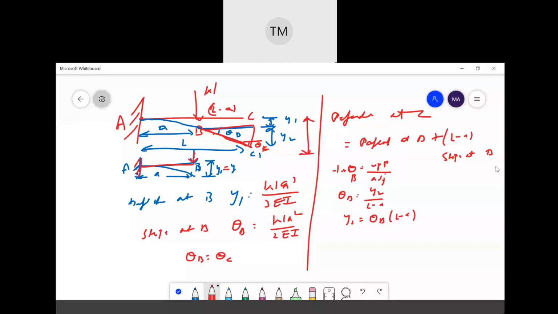In this manner, the deflection at C is WA cube by 3EI plus L minus A into the slope at B, which is WA square by 2EI. This will be the total deflection at C. Is it clear?